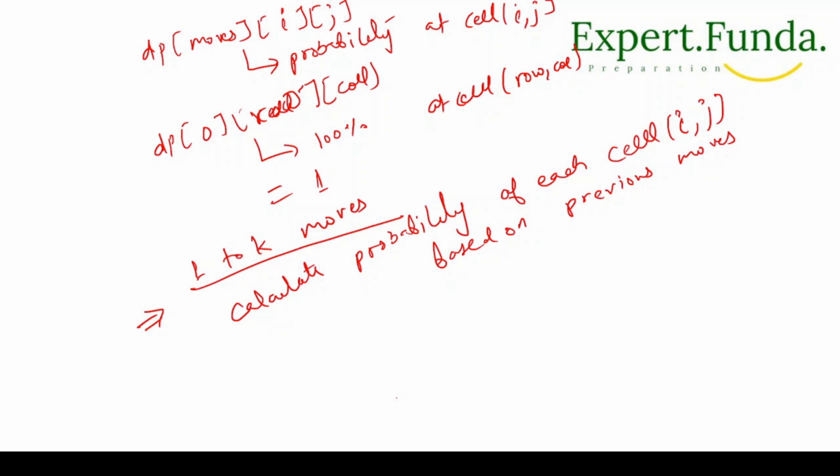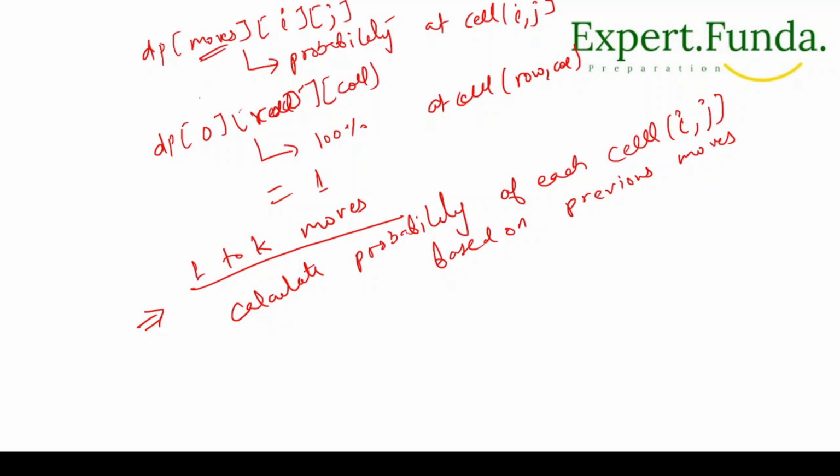To determine the probability for each cell after some moves, let's suppose we are taking some moves.